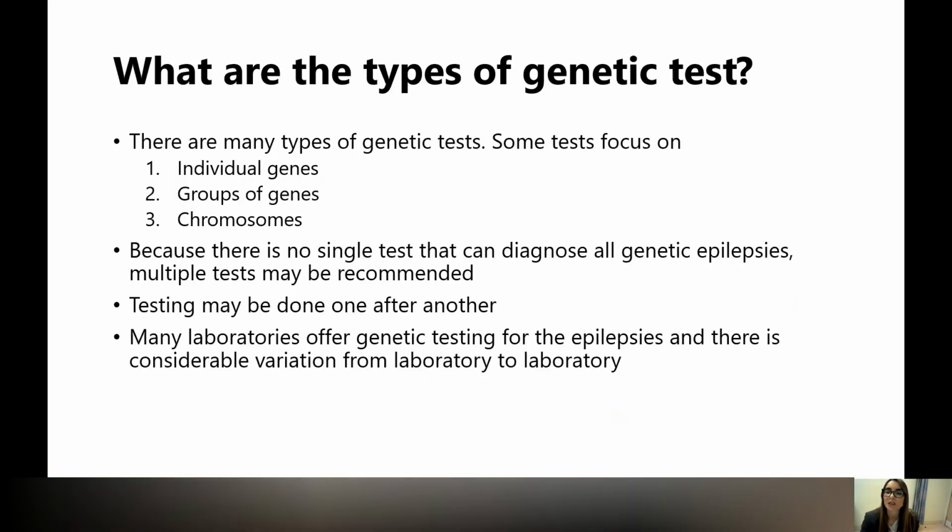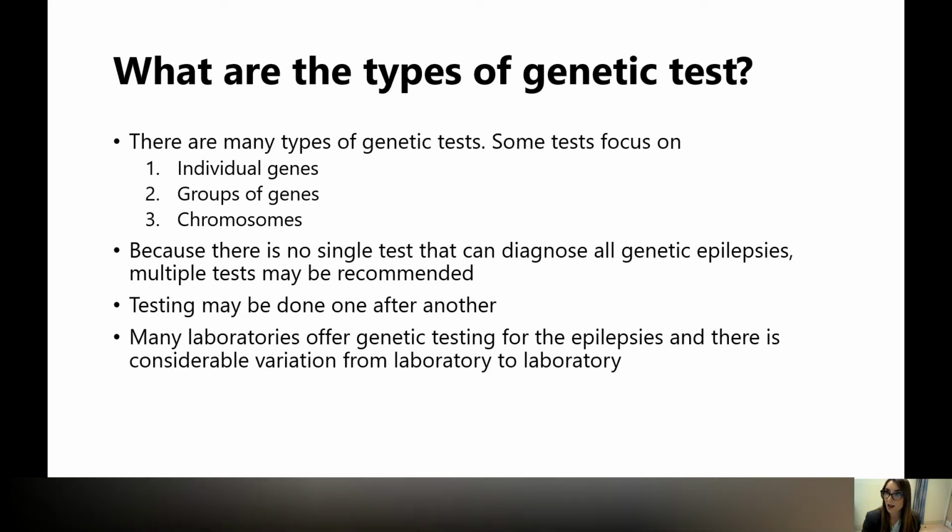Okay. So in terms of genetic tests, what type of tests do we have? There are many types of genetic tests, and that's why it's so important for us to understand a little bit of how the DNA and the genes work, because as I explained before, we can have tests that will look at individual genes. So for example, I want to test a specific gene for epilepsy. You can order that specific one, or you can test groups of genes.